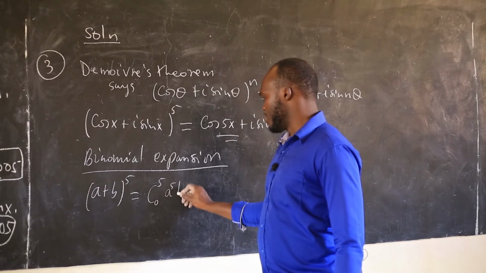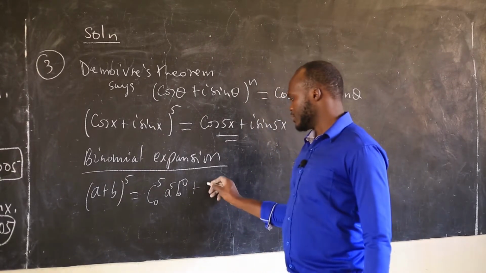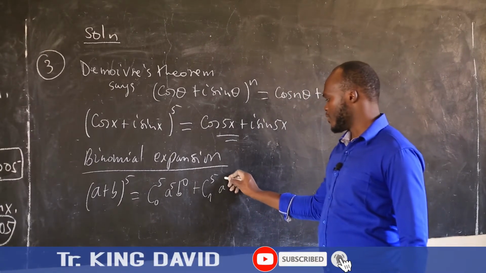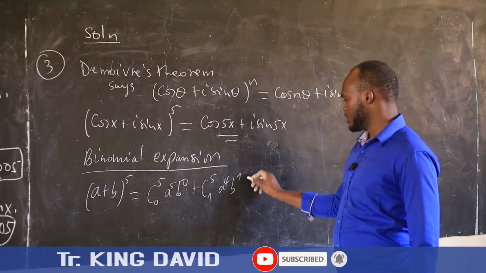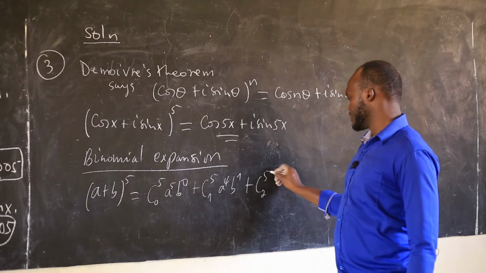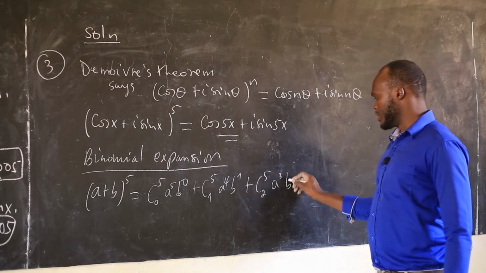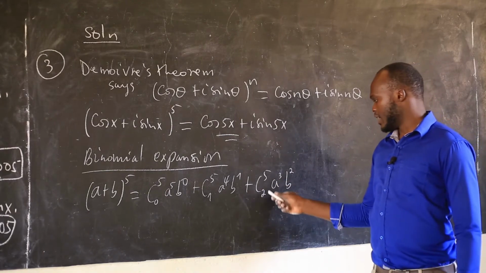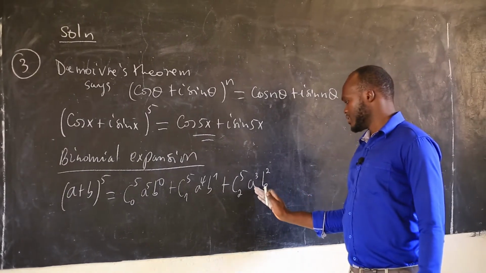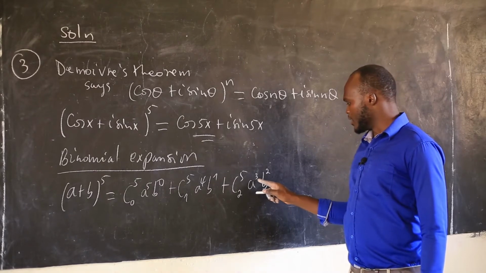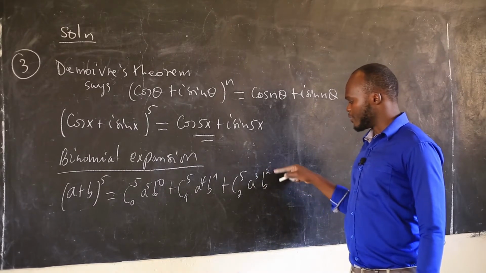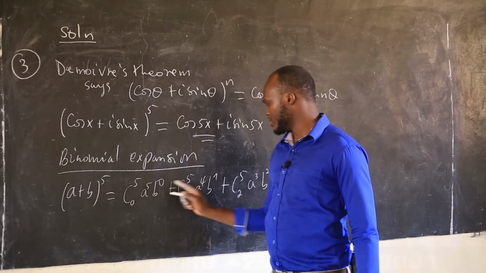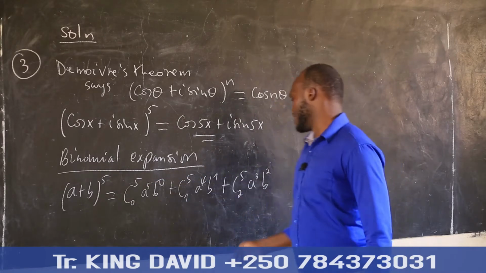It is C(5,0) a power 5 b power 0, plus C(5,1) a power 4 b power 1, plus C(5,2) a power 3 b power 2. You see the power of b is increasing, the power of a is reducing by 1, and when you add the power of a plus the power of b, it equals this power: 5 plus 0 is 5, 4 plus 1 is 5, like that.